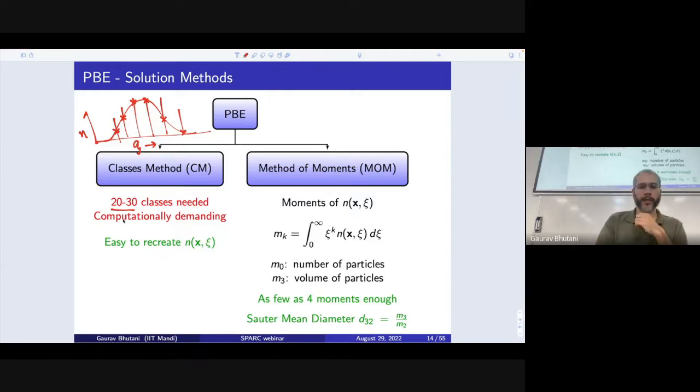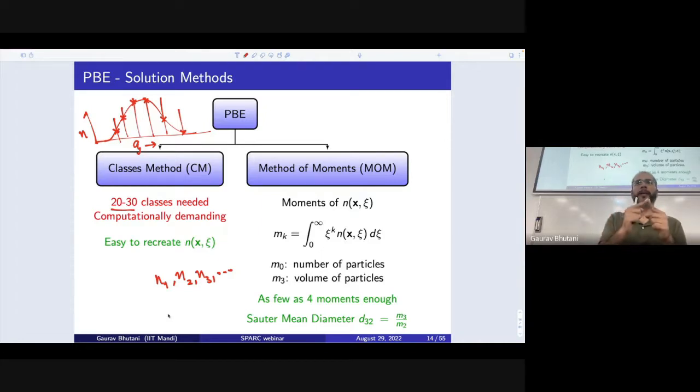Number of particles of class 1, class 2, class 3, and so on. So you have 30 transport equations, each denoting the transport of the number of particles of a given class. It's computationally very demanding, because now the classes are talking to each other, they're coupled.